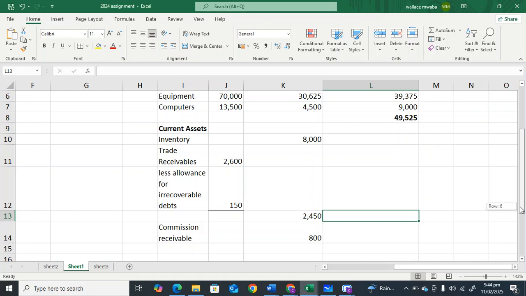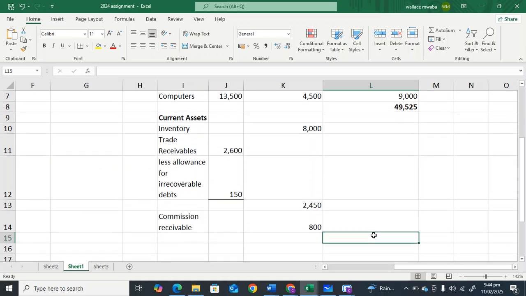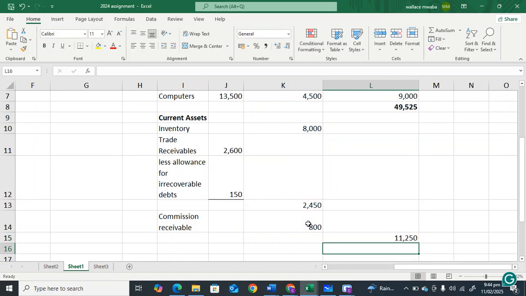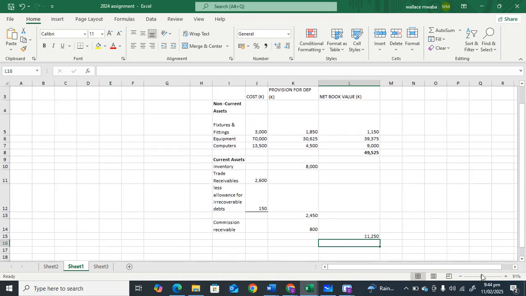So we get the total value of our current assets: inventory plus our receivables plus commission receivable, 11,250. So this is the value of the total current assets.